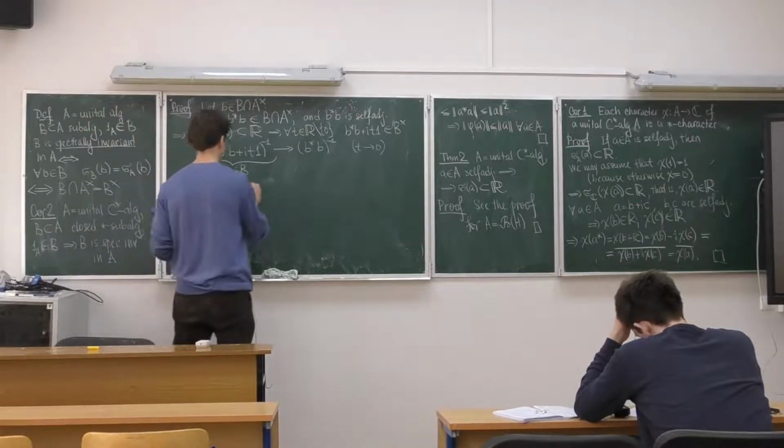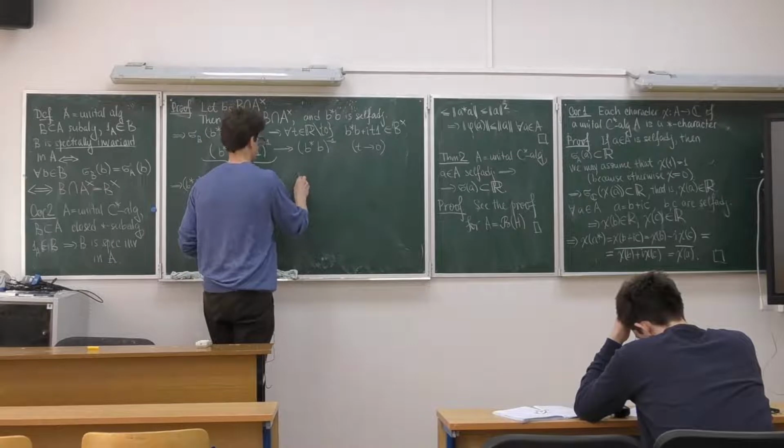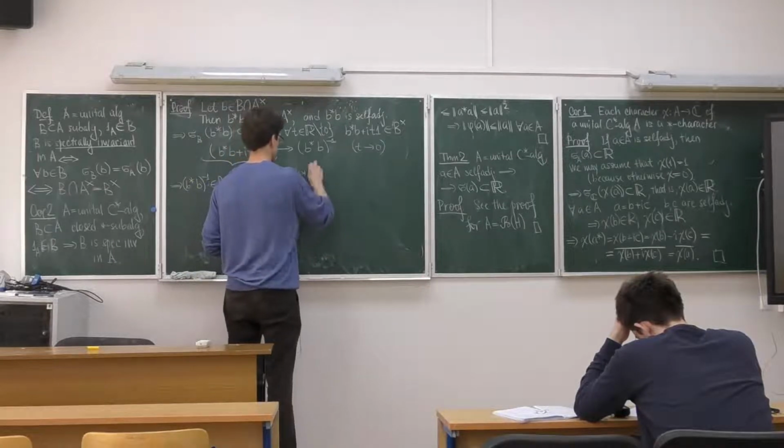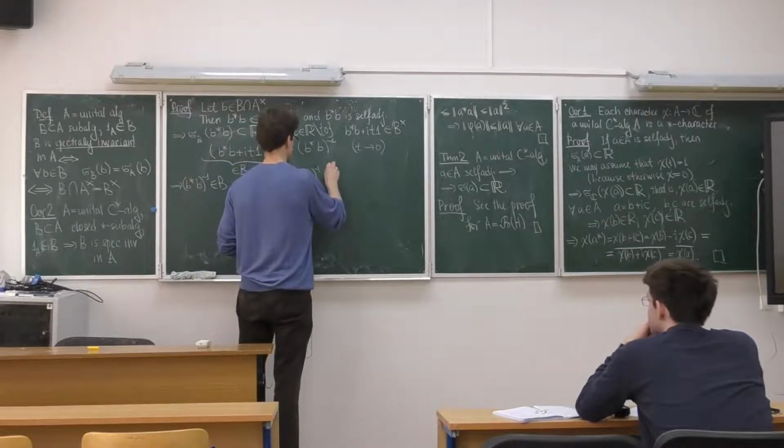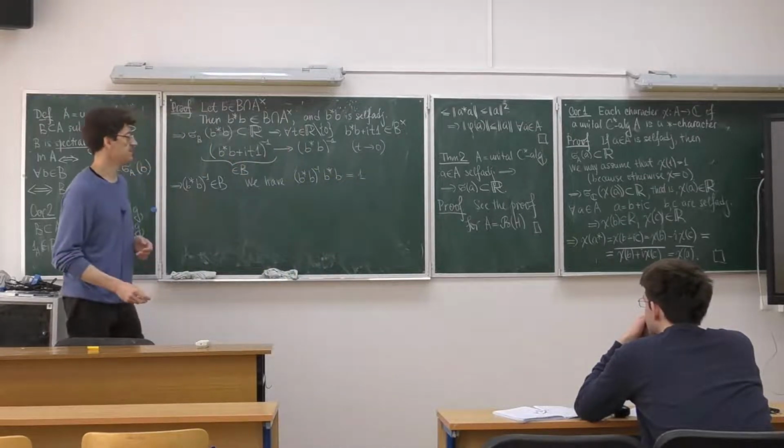Okay, we now have the following obvious equality. b star b inverse times b star b, this is 1. This is clear.